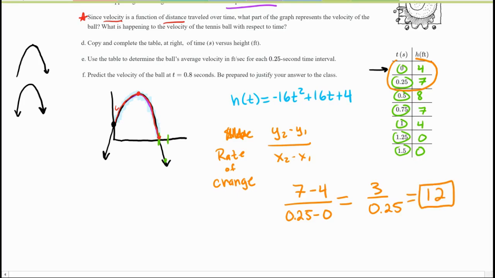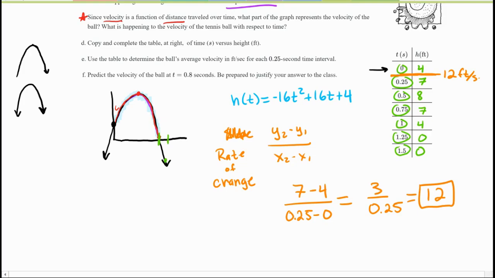And again, you can use a calculator on this. I'm going to add another piece to this table here. So the speed between this time interval is going to be 12 feet per second. You're going to go through and do that for each of them. The next one would be 8 minus 7 over 0.25, and so on as you go through.